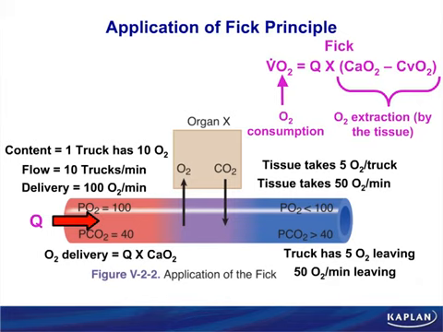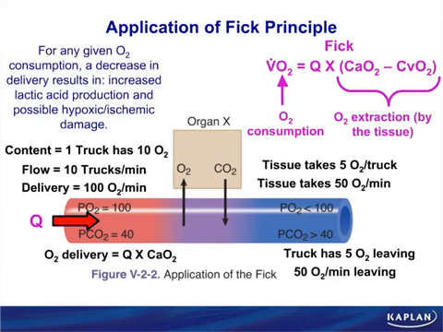Now, big application of this. For any given oxygen consumption, if you reduce delivery, then the tissue is most likely going to get its ATP from just glycolysis, anaerobic glycolysis, which means lactic acid production.